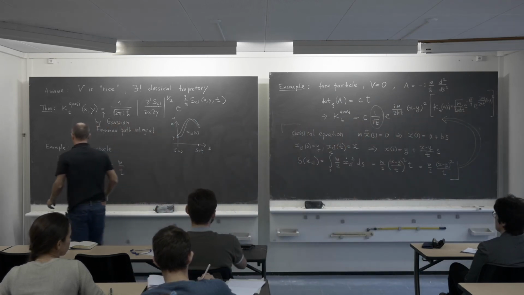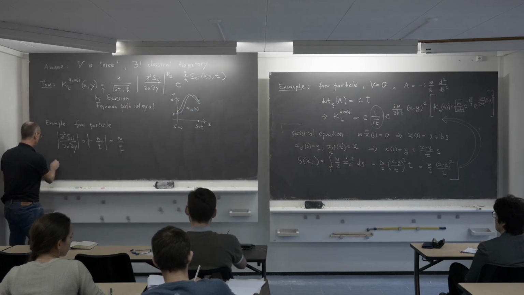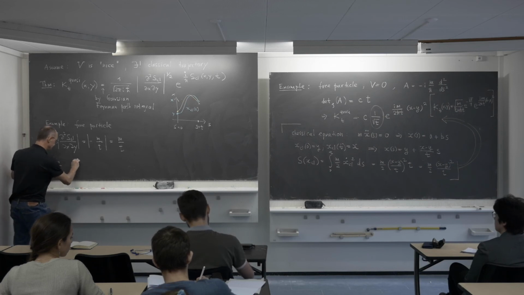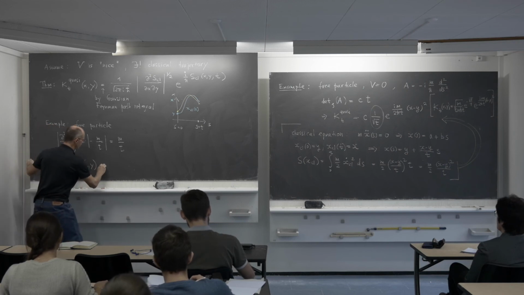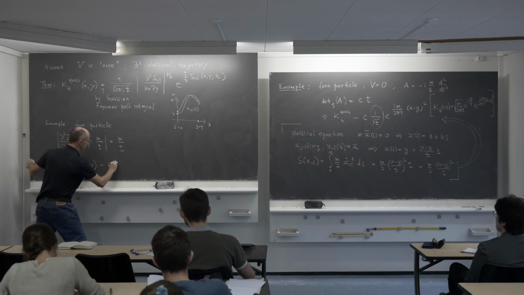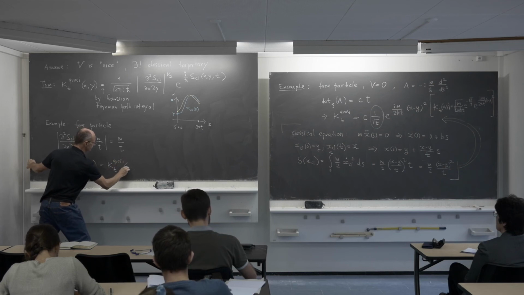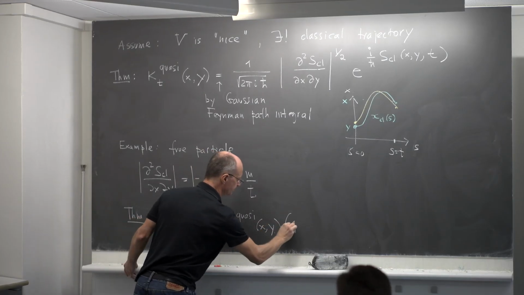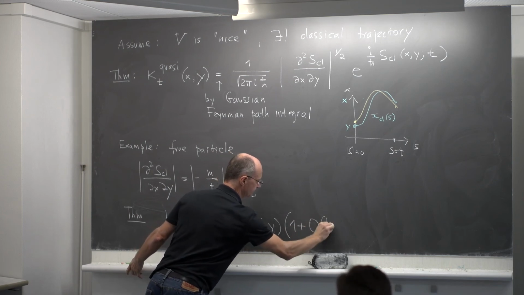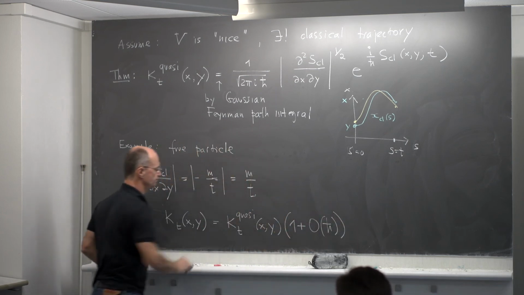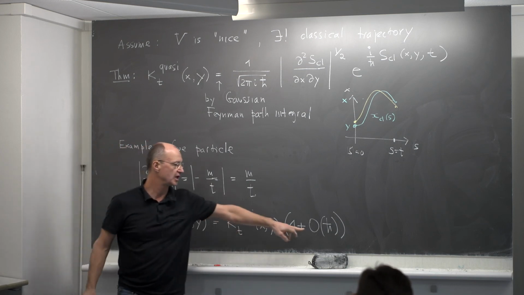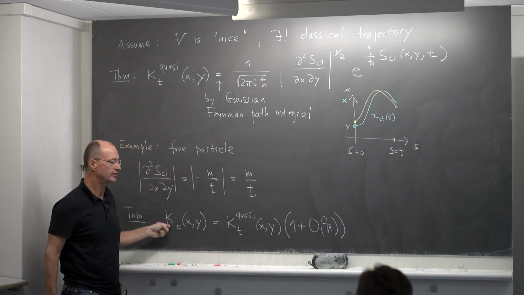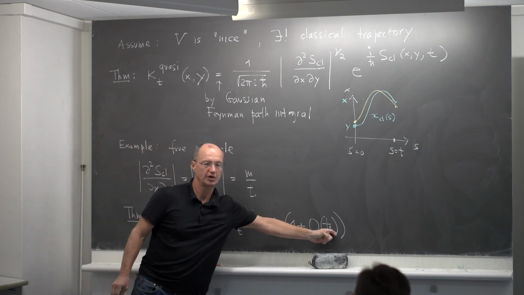Okay. So one more theorem. K_t of x, y, and that's similar to the WKB. So the quasi-classical formula is an asymptotic approximation of the correct true formula when h bar goes to 0.